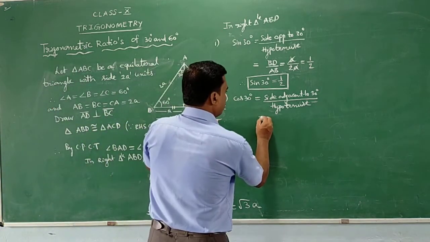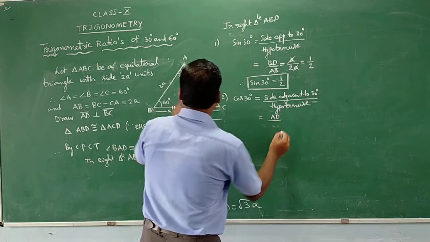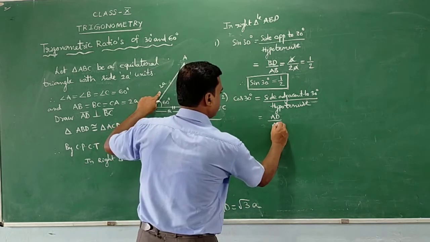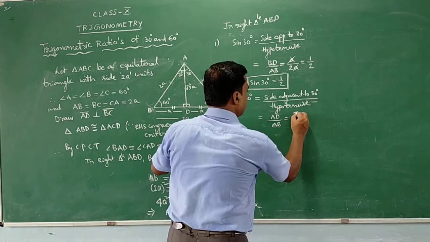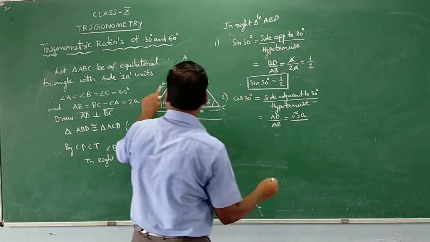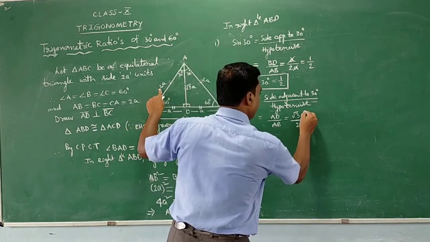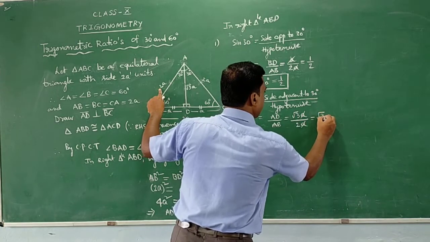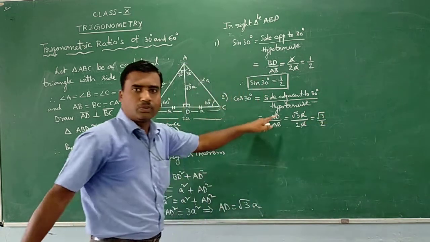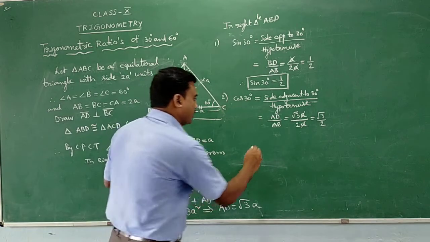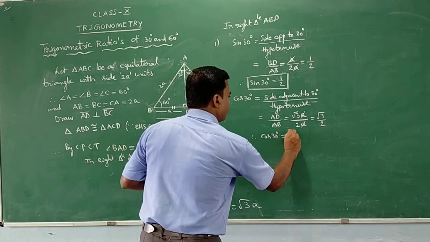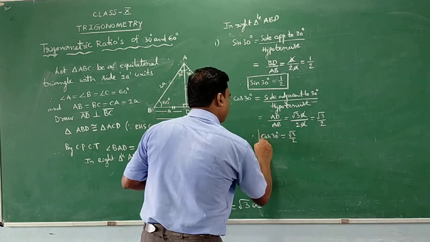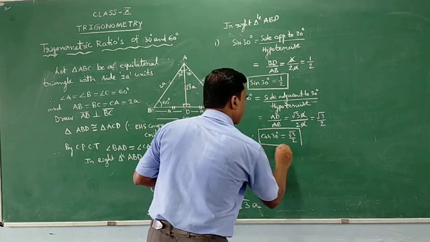That is AD by hypotenuse AB, which is root 3a by 2a. The a's cancel. Therefore, cos 30 degrees is equal to root 3 by 2.